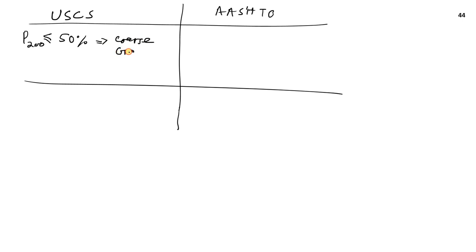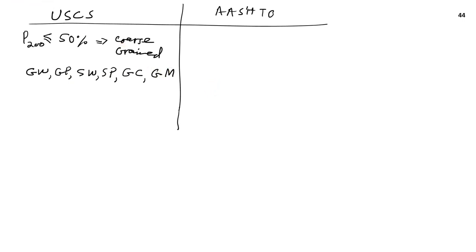If you remember, coarse grained soil has some symbols. It is gravel and sand: the gravels could be well graded or poorly graded, or gravels with clay or gravels with silt.